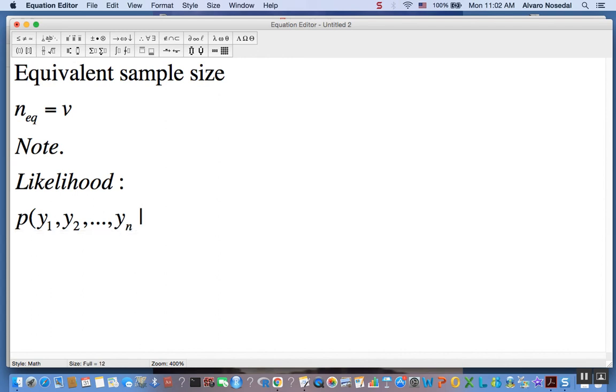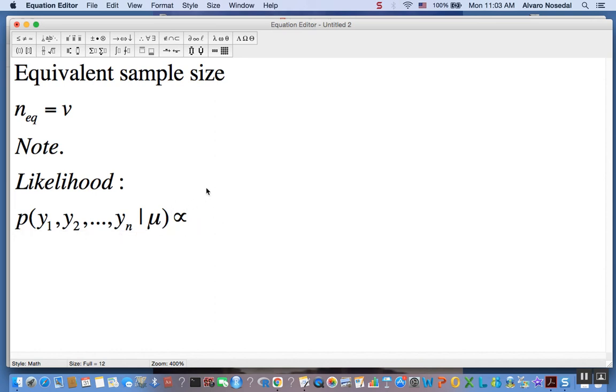Of observing those guys given the value of our parameter mu. We know that the likelihood of a sample is going to be the product of the individual likelihoods, right? And the likelihood of a single observation is given in this case by evaluating the probability mass function for each of these guys.